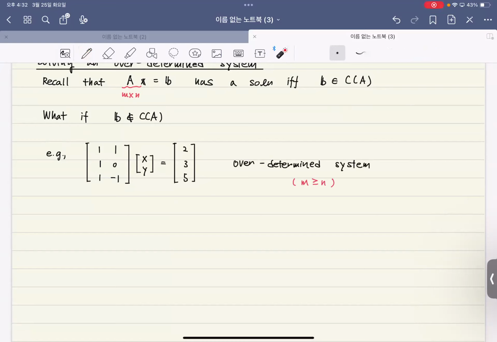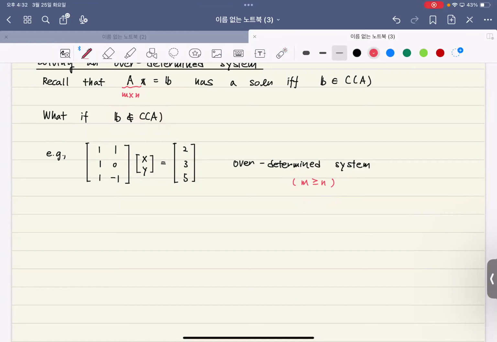So for the rest of this discussion, we will consider m always greater than or equal to n.